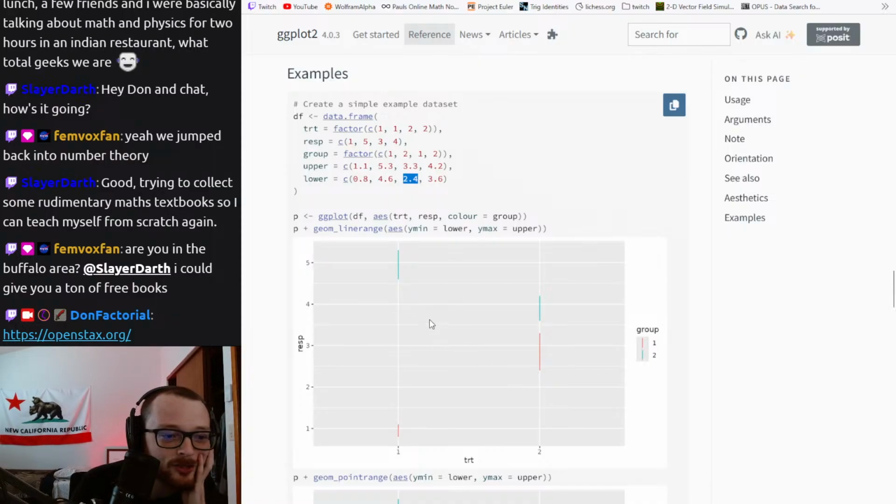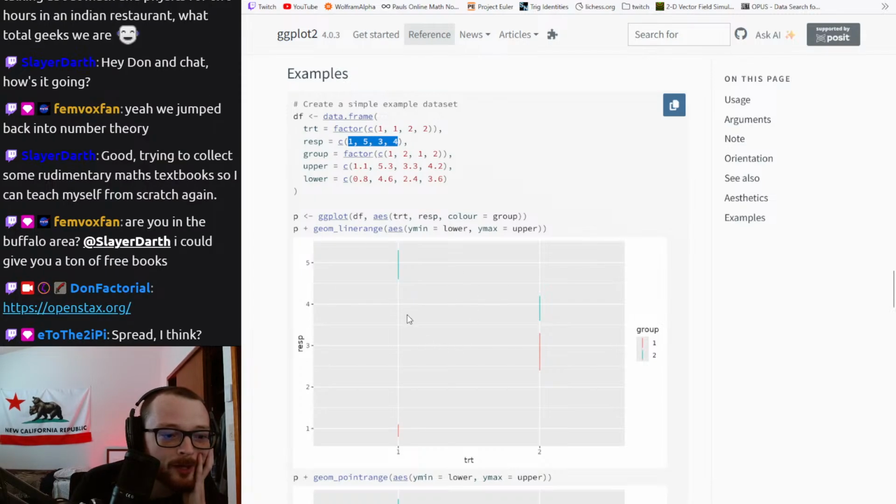What is this plot actually telling you then? The y-axis is resp, and it's 1534. I feel like this plot says nothing about resp. Well, okay. Or is this manually coded in? So for TRT we have two things in one.